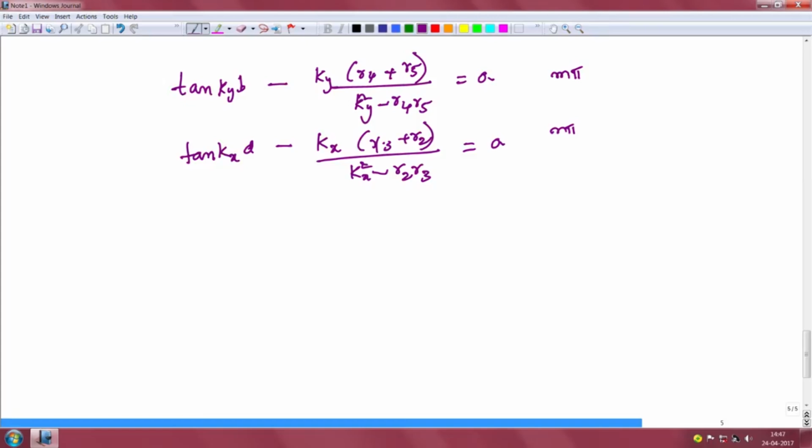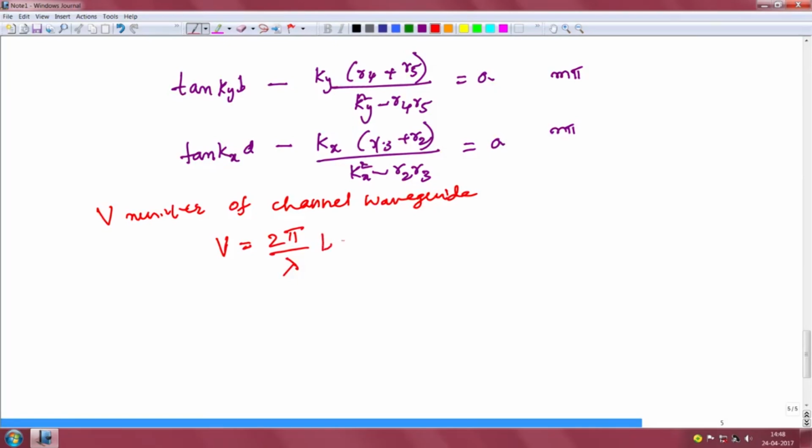So, like the way we did for the slab waveguide, we can define the V number of the channel waveguide and express it in terms of the width and depth parameters. It can be defined in several ways, but the most common way of using the V number is in terms of the width, as earlier for the asymmetric slab waveguide, where it is in terms of the width parameter.